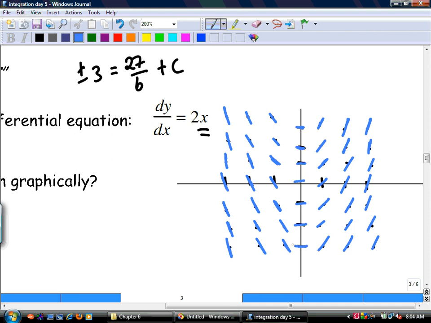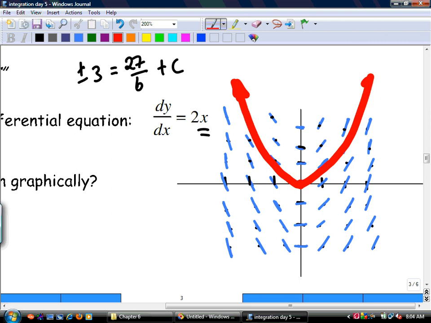What this C means is it's talking about a particular path through the maze. So if I said you had to go through this point right here, the path through the maze would be something like this.